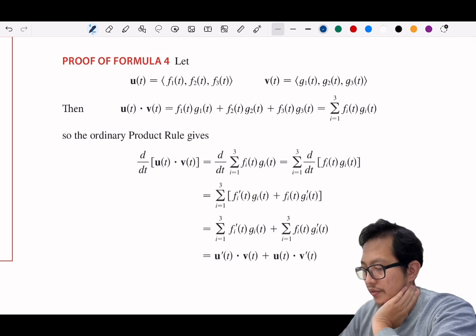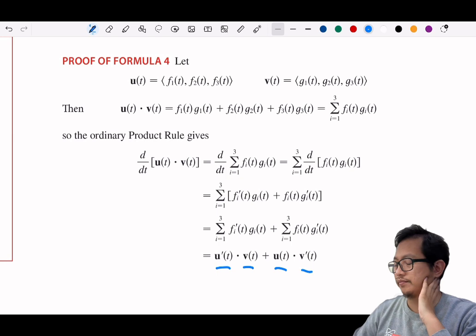So we have the sum of the FiGi, and then we take it into our derivatives. Because this is all the same within this F and G, we could just write it as u prime of t dot v of t plus u of t dot v prime of t.